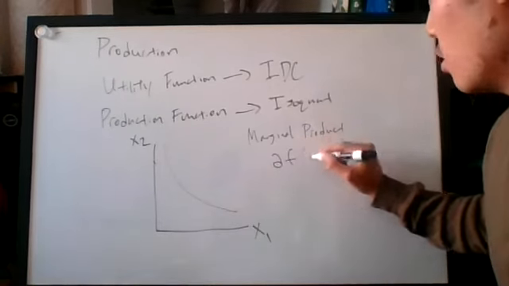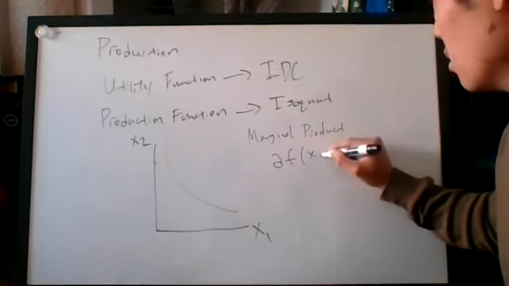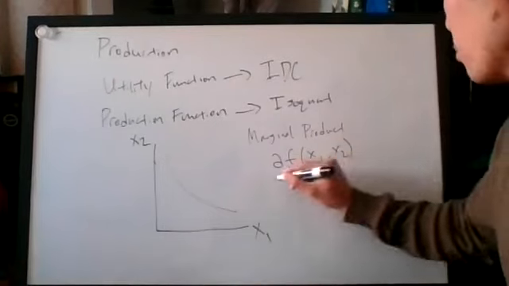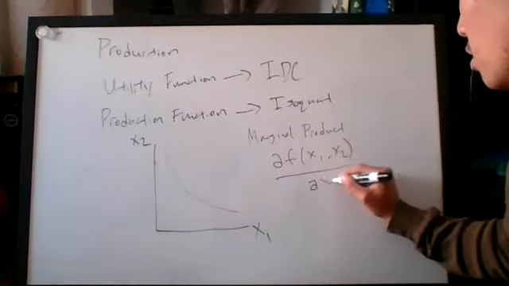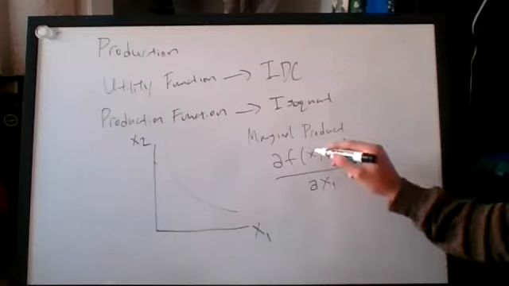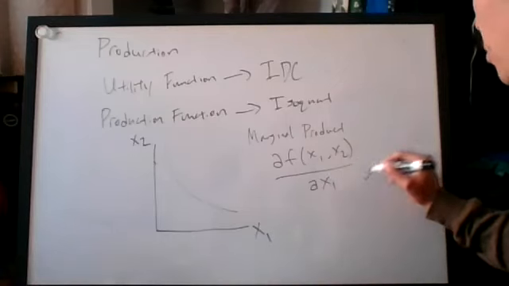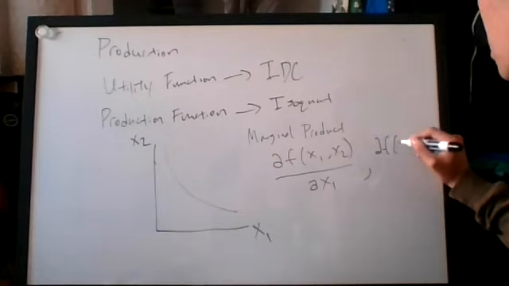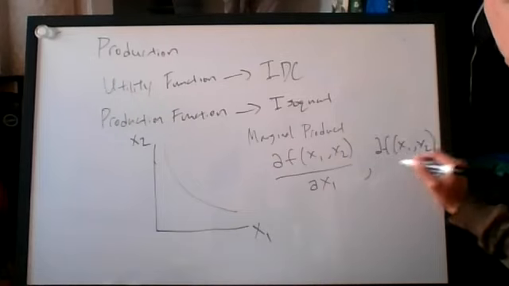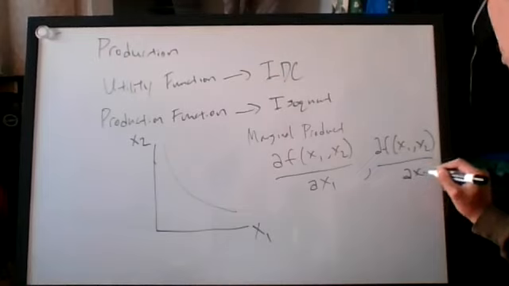So in terms of notation, we're going to see something that looks like this. The derivative of the production function with respect to, say, input one, right? So this would be the marginal product of input one. And we're also going to have the marginal product of input two, right?